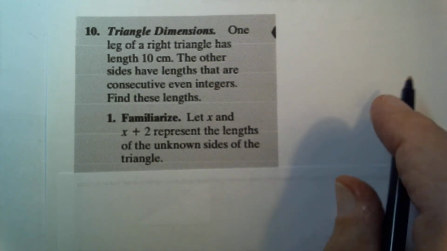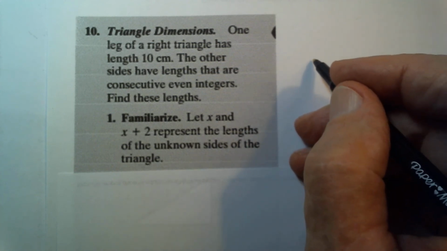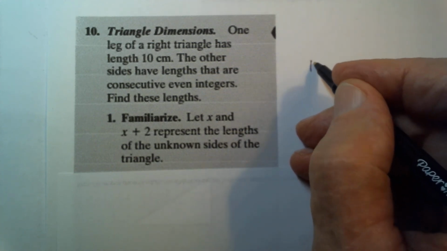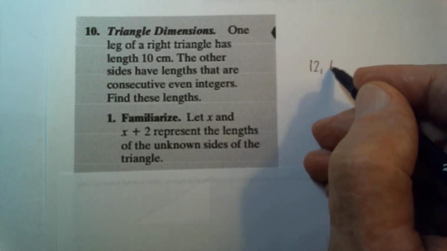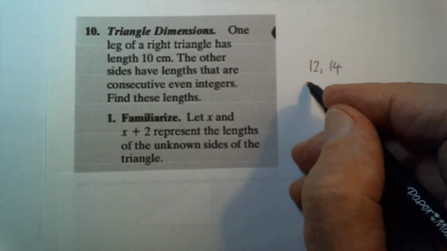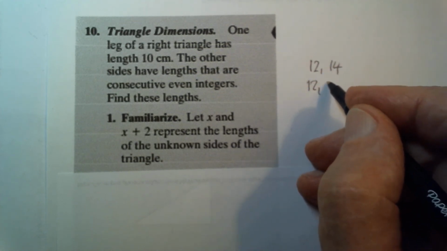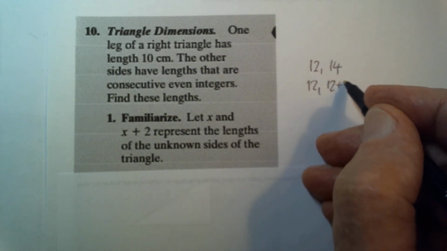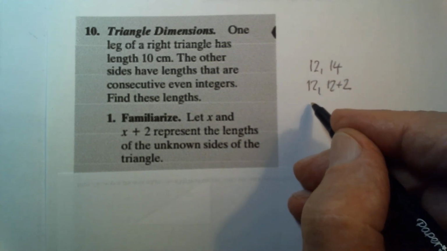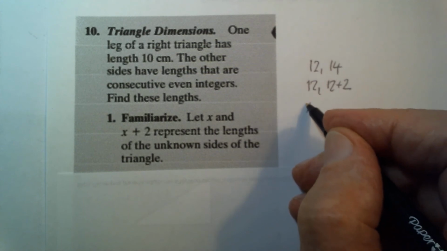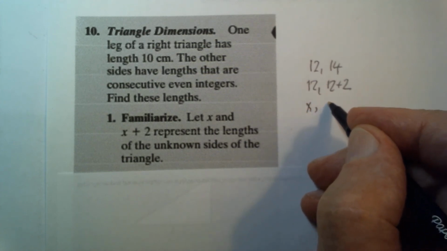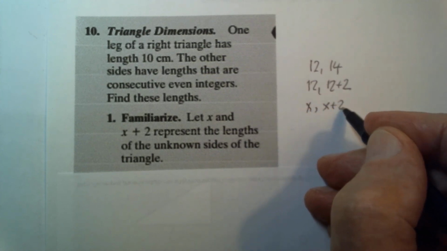Let's say we have an even integer like 12, and the next one would be 14. Note that we can write this as 12 and 12 plus 2. In general, if x is an even integer, then the next even integer would be x plus 2.